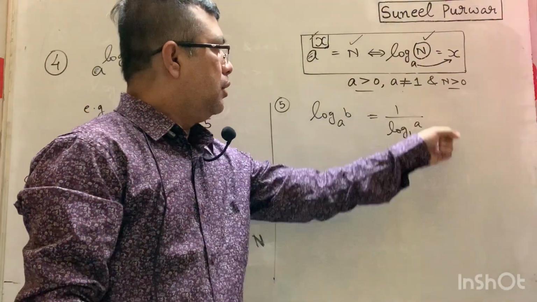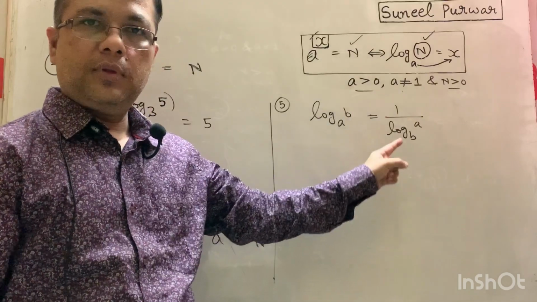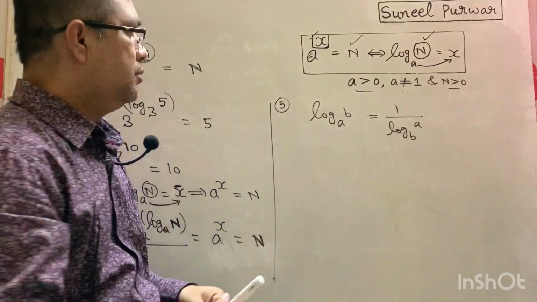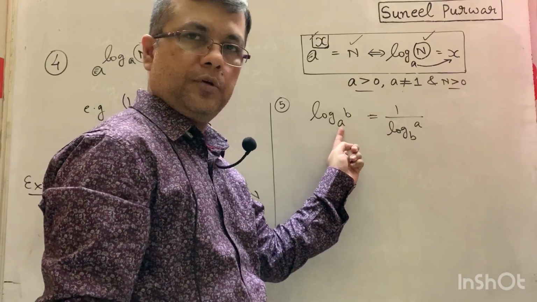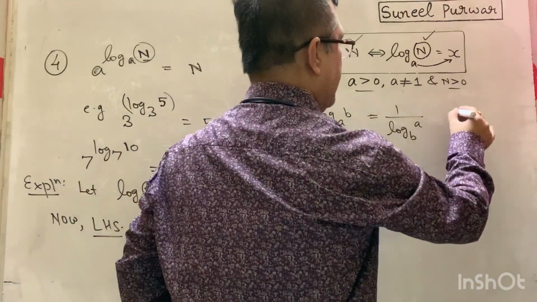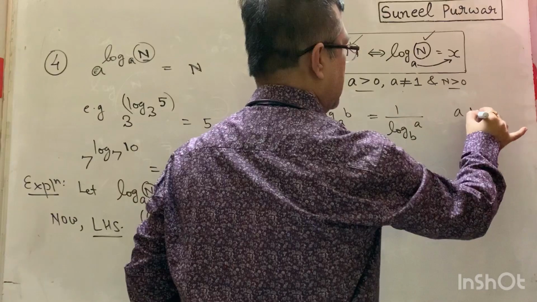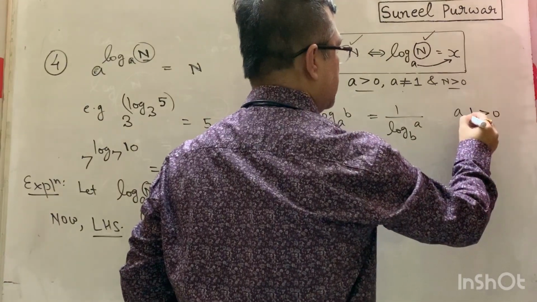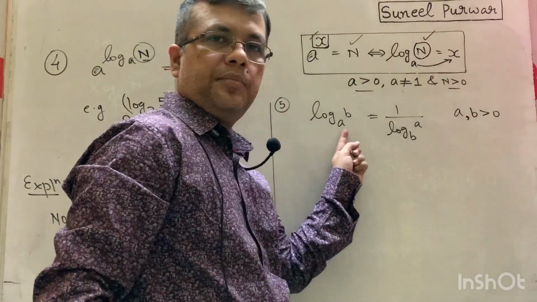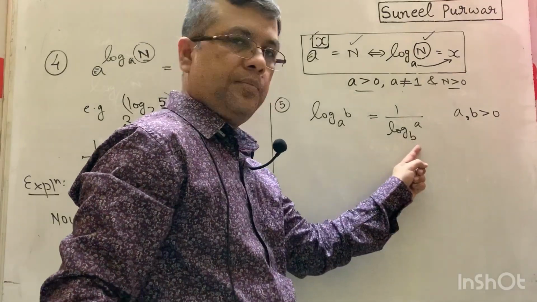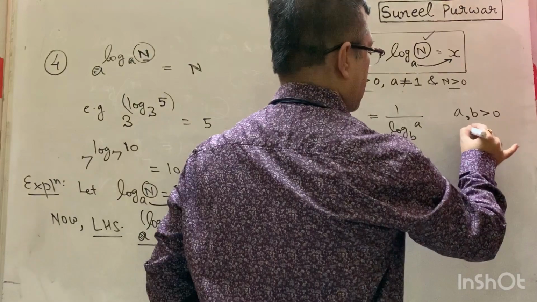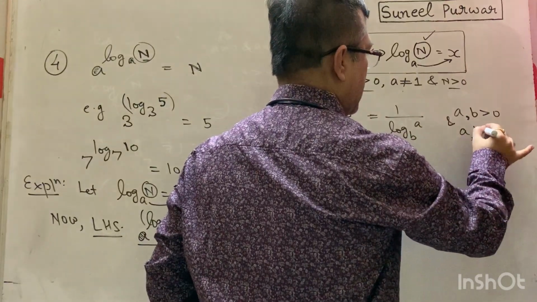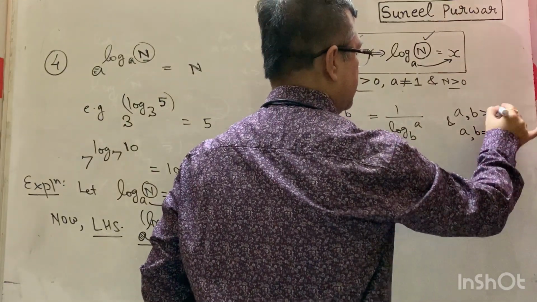So for this property, what are the requirements? You are taking log of b, so b must be positive, a must also be positive because it is the base. So a and b are positive numbers. Here a is the base, so it can't be 1. Here b is the base, so it can't be 1. And a and b are different from 1.